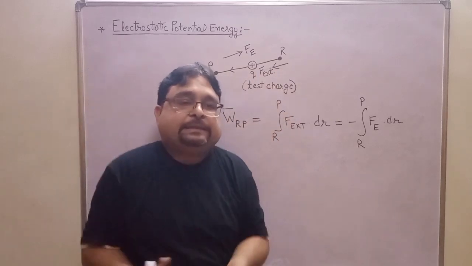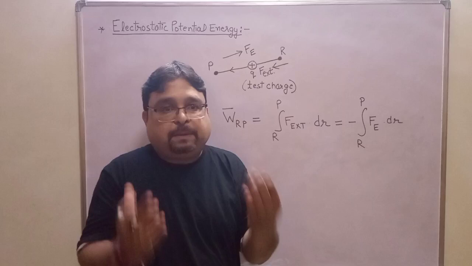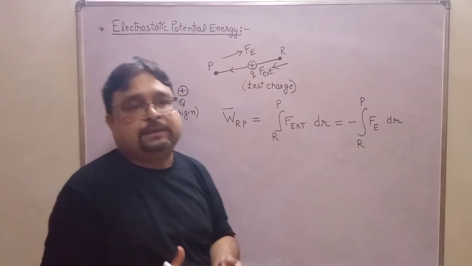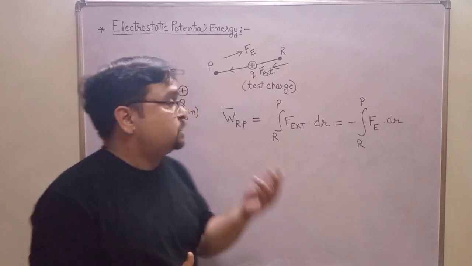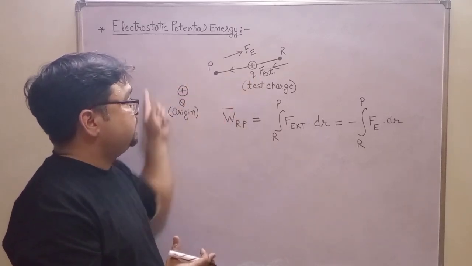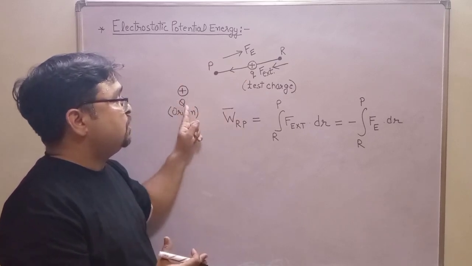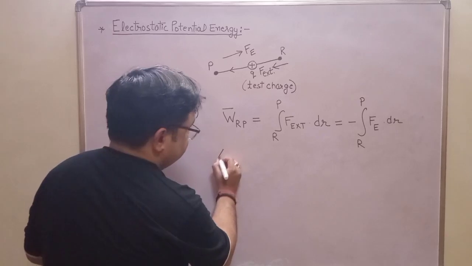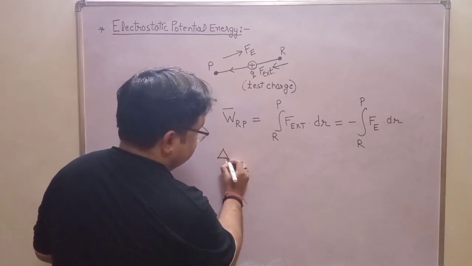And when I say potential energy, it means it is electrostatic potential energy, because this small test charge is placed under the influence of electric field of capital Q charge. So I can write the expression for potential energy difference.